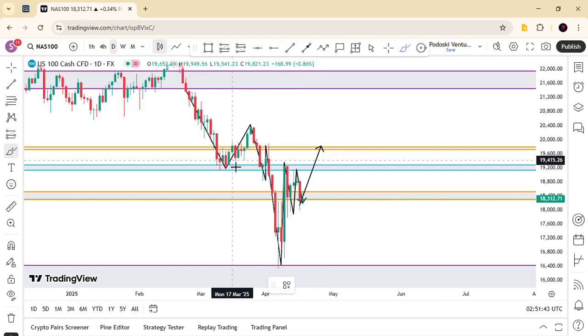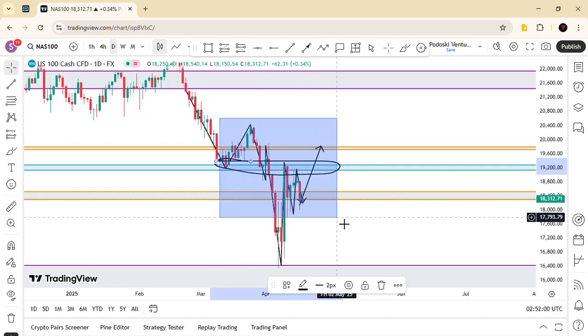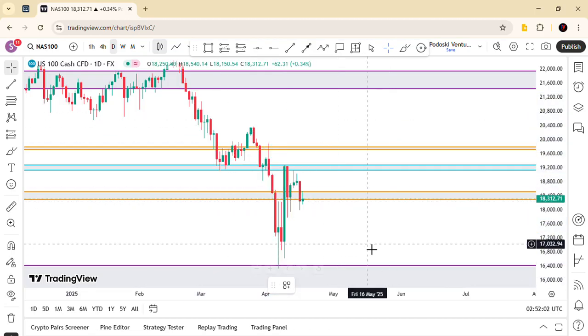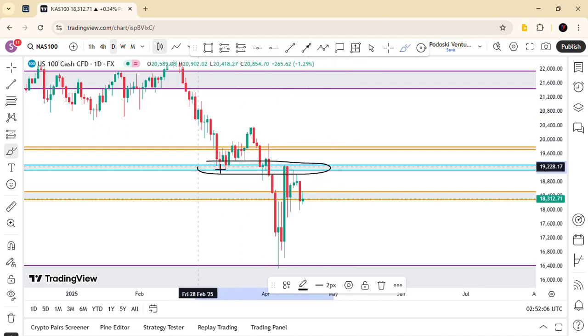This daily zone seems like a resistance where price is selling. We are going to wait for price to break out of this daily zone peacefully.